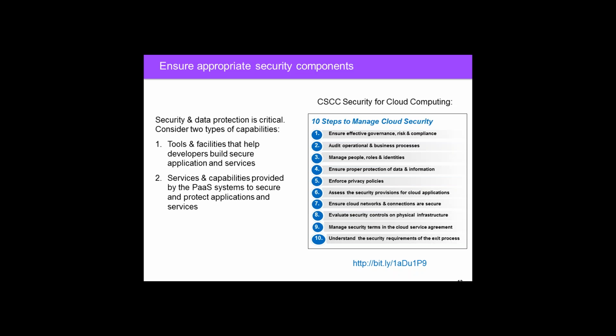So you may find, you know, things like code analyzers that will look for vulnerabilities. You may have testing tools that can do vulnerability testing on endpoints that you expose, and so on, all there to help the developer. The second set of stuff that you may find in a PaaS environment is then sets of services and sets of capabilities provided off the shelf that help you secure your applications and services.